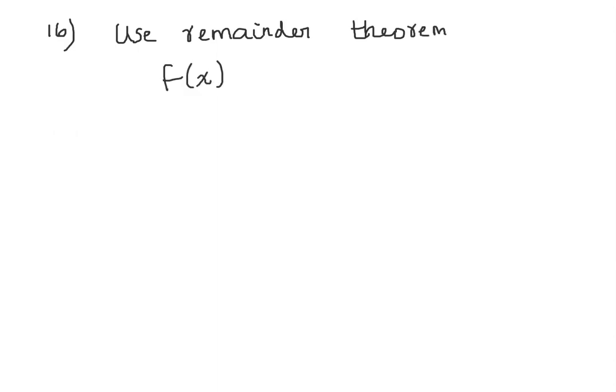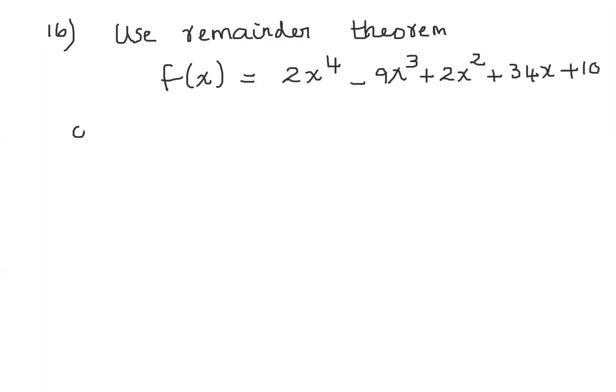So use the remainder theorem to evaluate the functions. So we're going to use the remainder theorem. For f of x equals... so part A, we are going to find f of -1.